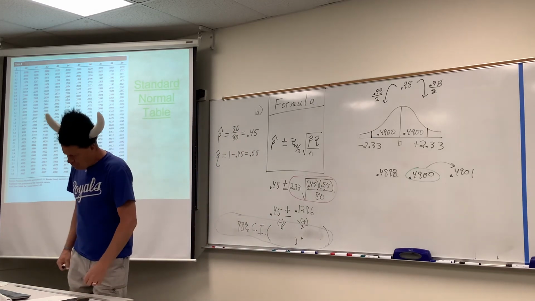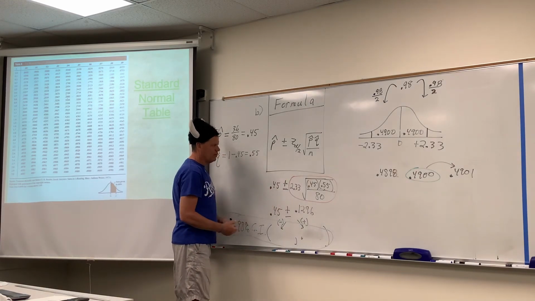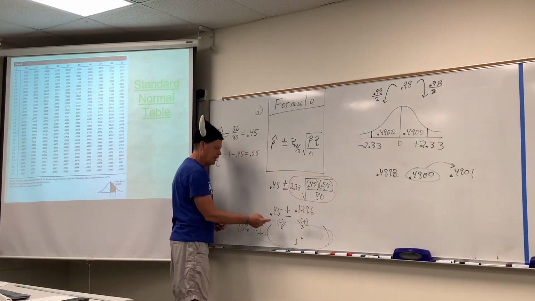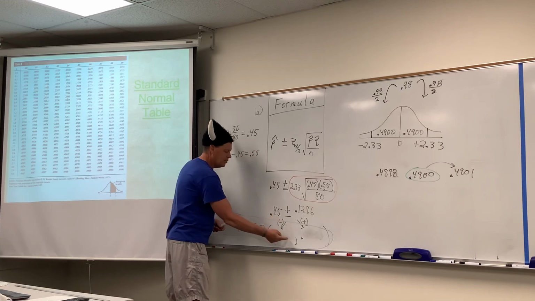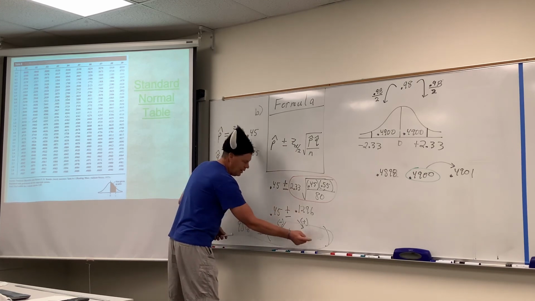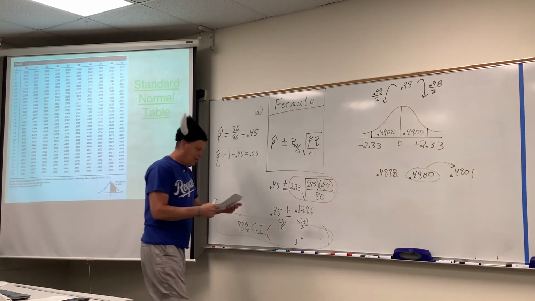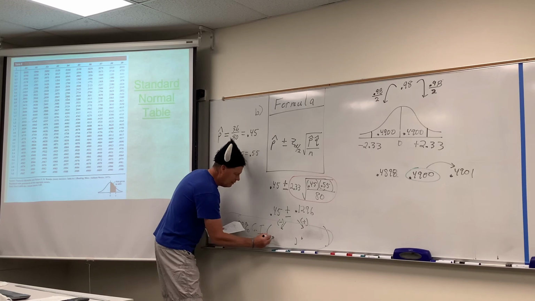And then just like the previous one, you get the lower end of your estimate by subtracting the margin of error from the 45%. 45 minus that number is here, and 45% plus that number is here. Off the top of my head, the lower end ends up being 0.3204.